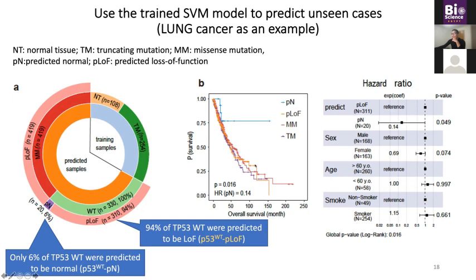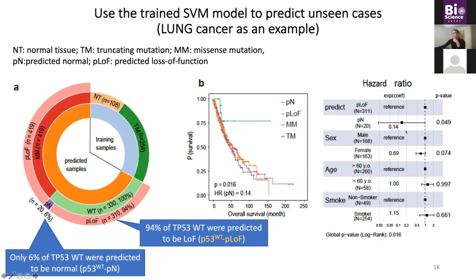In other words, for those cases predicted to be loss of function, even though they're genetically wild type, they have almost the same overall survival as the missense and truncating mutation.